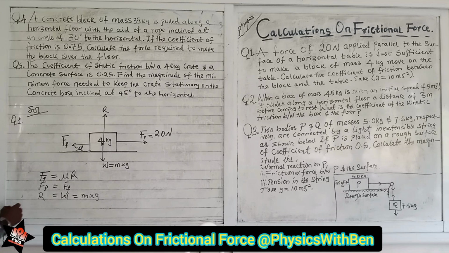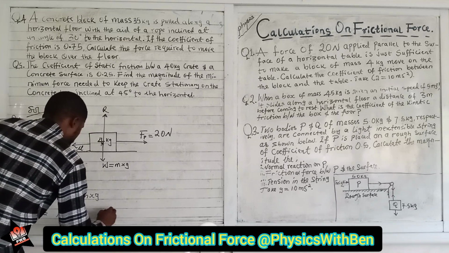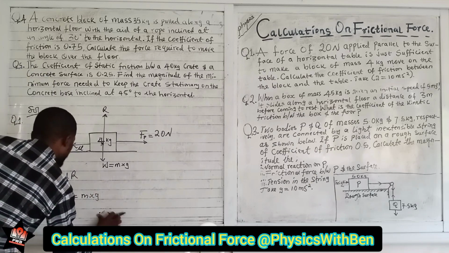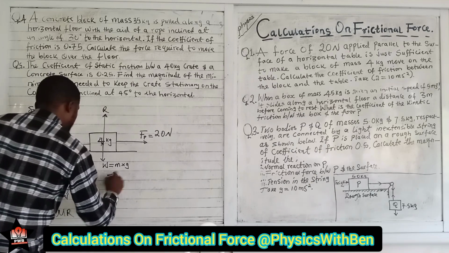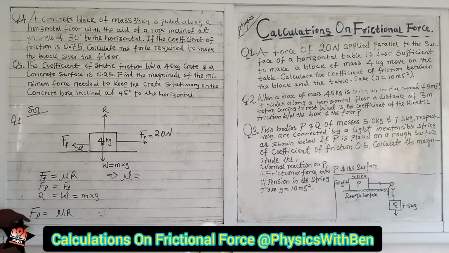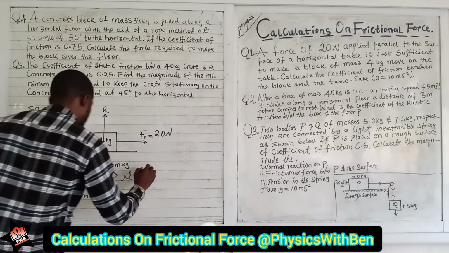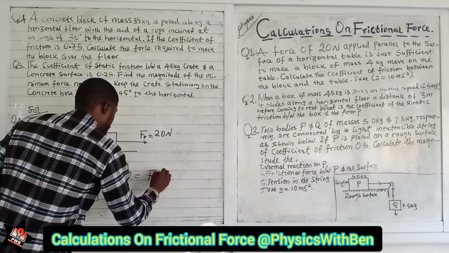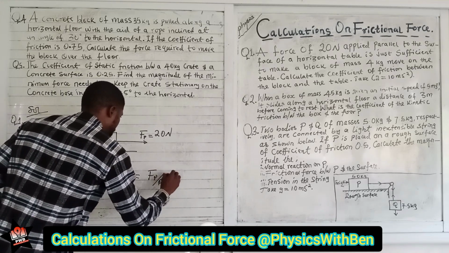We write that pull force Fp is equal to mu R. So we make mu the subject of the formula. This implies that mu is equal to the pull force divided by the normal reaction.